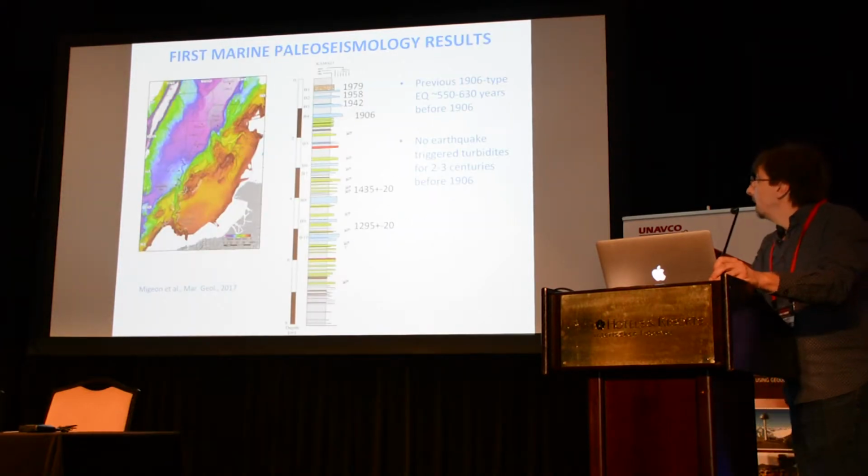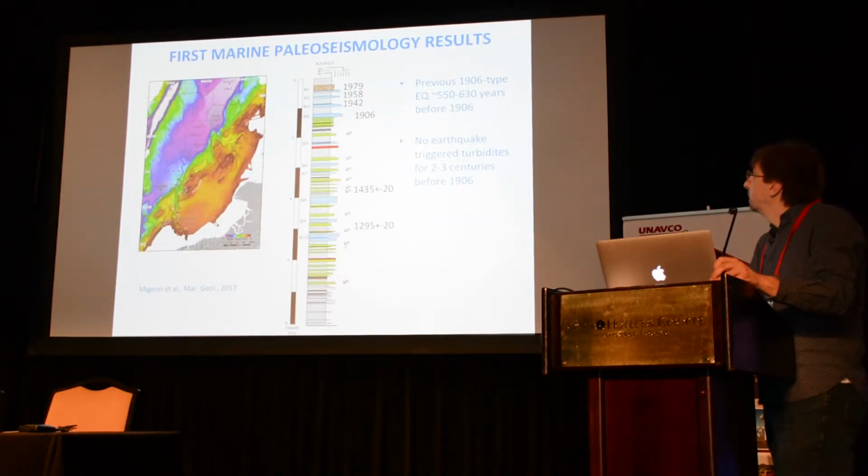Another way to look at this is to look at the first results of marine paleoseismology. This is a core here somewhere in northern Ecuador, where our colleagues found turbidites that they interpret as the consequence of previous earthquakes.